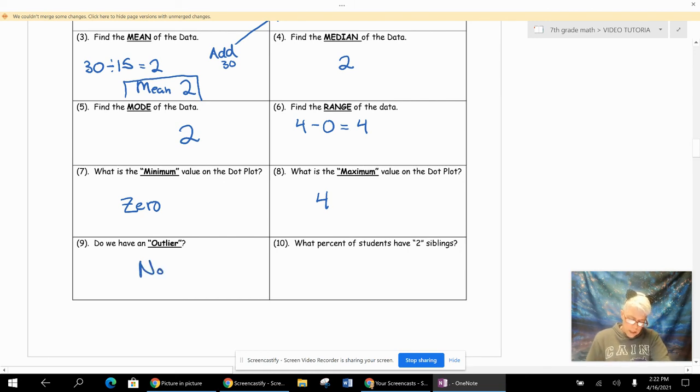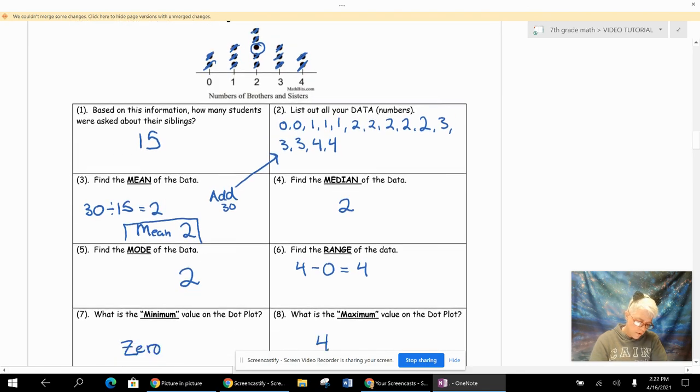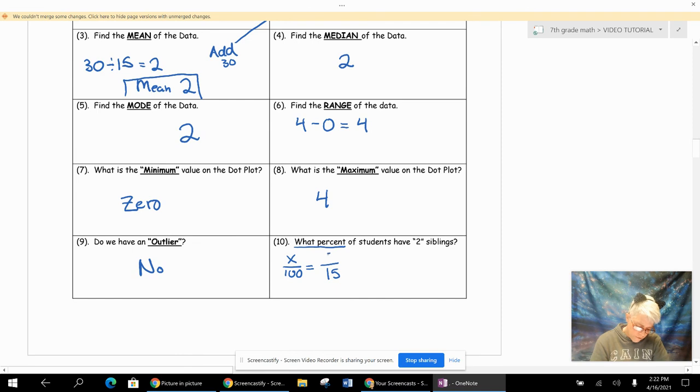What percent of students have 2 siblings? Okay, so now we're going back to what we learned in our previous unit. It wants to know what percent. So remember, that's the x over 100 part. We already know there's 15 students. How many of them have 2 siblings? I go back up here, 1, 2, 3, 4, 5. 5 out of 15.